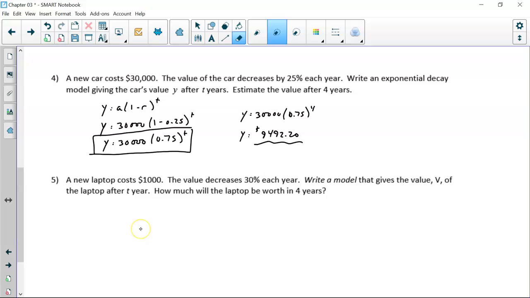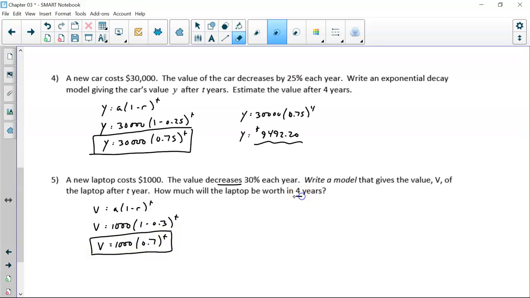Laptops, it's decreasing, it's depreciating, losing value. So they want us to use v for the value. So v equals a times 1 minus r to the t. 1,000 times 1 minus 30% is 0.3 to the t. So our model, 1,000 times 0.7 to the t.